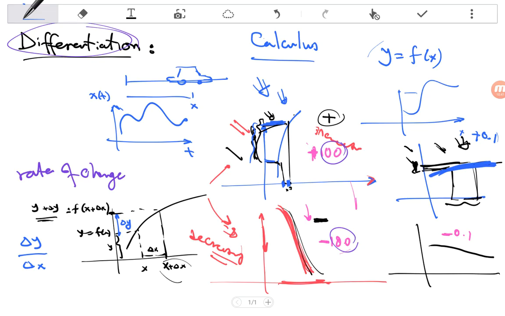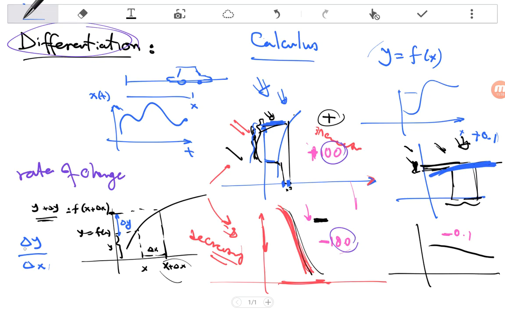It is the change in the output divided by, or as a ratio to, the change in the input. So for example, if I had a large value for this, it means that whenever I have some change in x, I would have a large change in y if that rate of change is high.